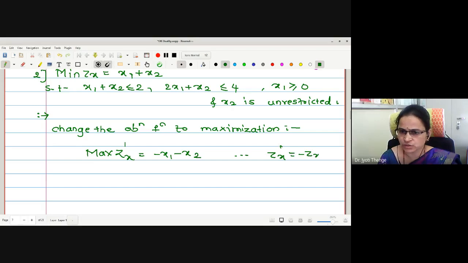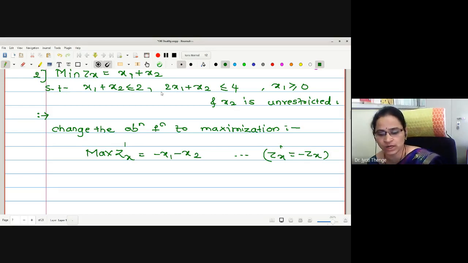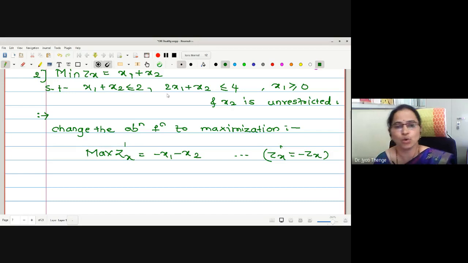This is minus Z(x). In LPP we have seen how to change minima to maxima. So here the maxima is minus Z(x), which we have written as Z(x) dash. What about inequalities? Both the inequalities are in the less-than-or-equal form, therefore no need to change. Only we have to take care of the unrestricted variable.